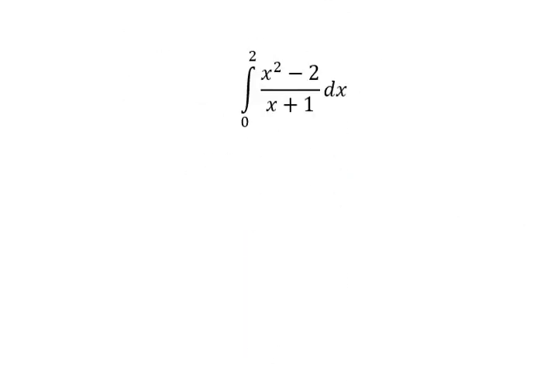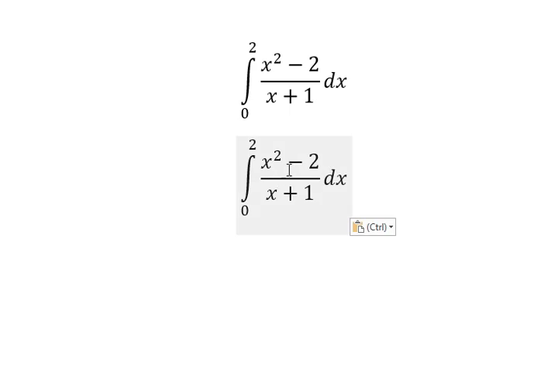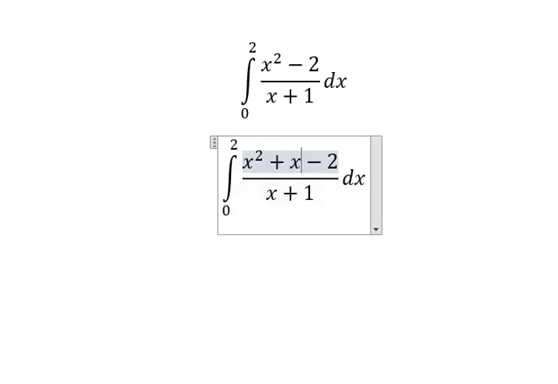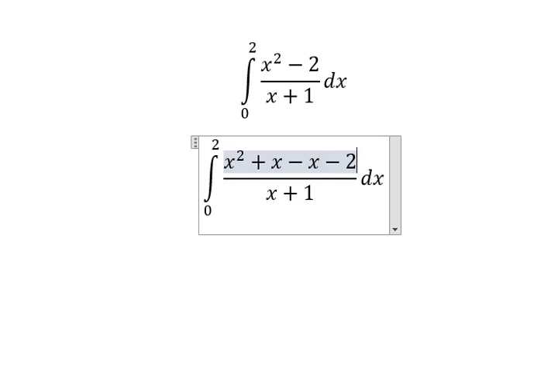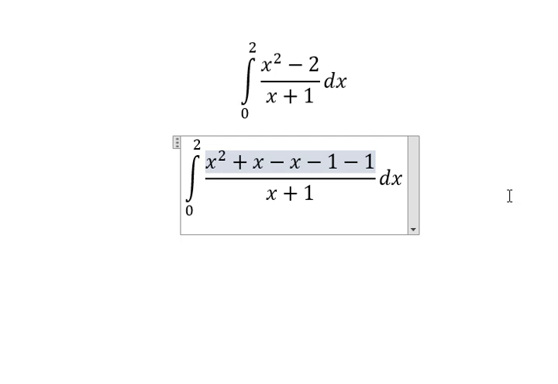Now let's go to the next one. In this situation, we need to add s. Later, we need to subtract s. Next, negative number 2, I will put negative number 1 and negative number 1.